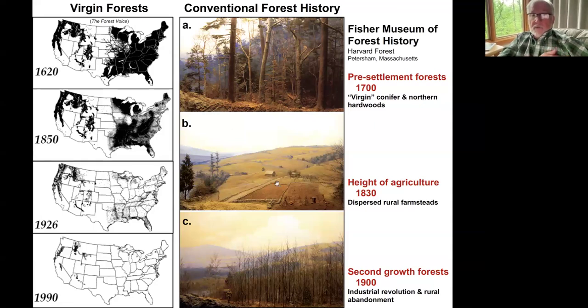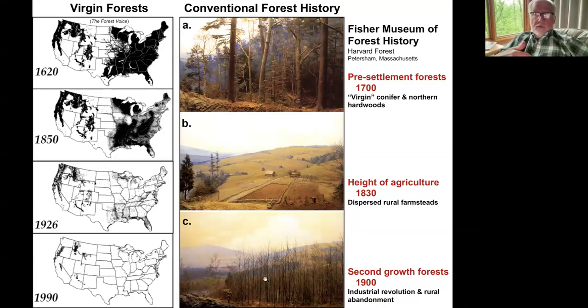And then by the height of the dispersed rural farming agriculture in the early 19th century, it's been horizon to horizon clearing of the forests and subsistence farmsteads. And then we had the Industrial Revolution and the rural outmigration, rural abandonment.